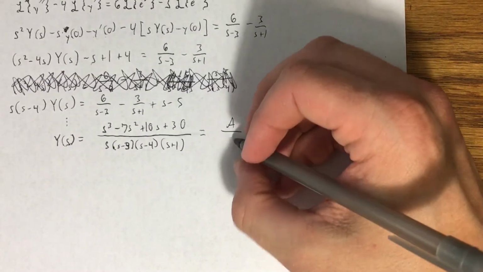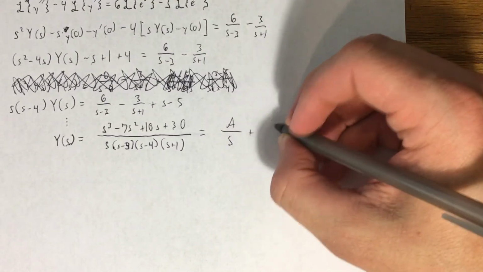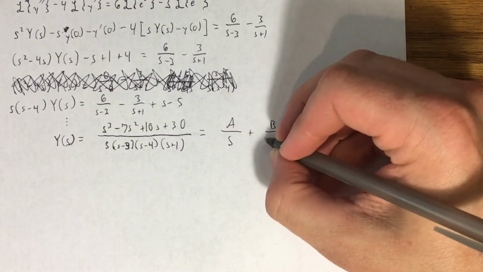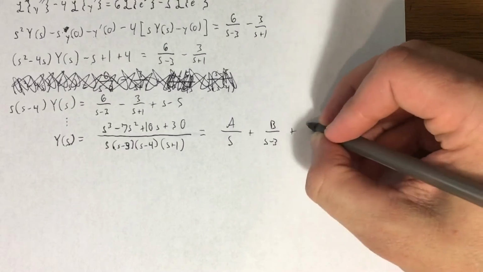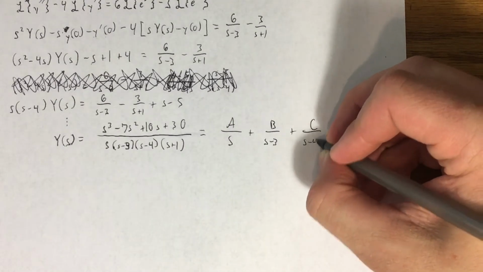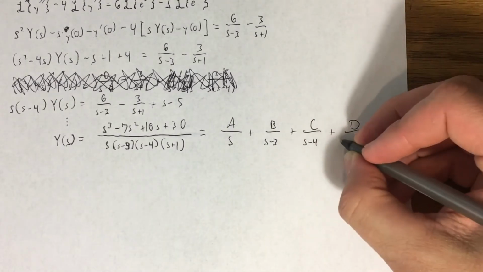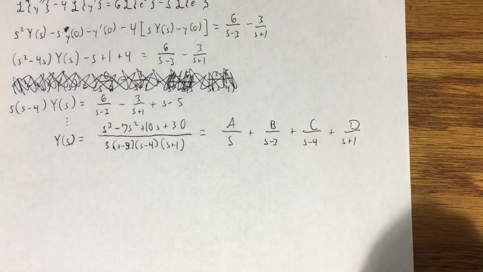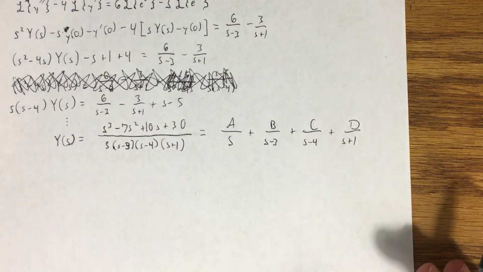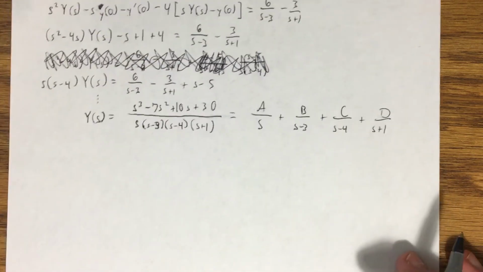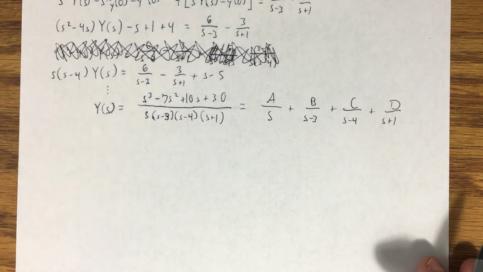It's going to look like A over s plus B over s minus 3 plus C over s minus 4 plus D over s plus 1. Okay, now this is a big partial fraction decomposition, and there's a lot of steps, but it's actually fairly straightforward.